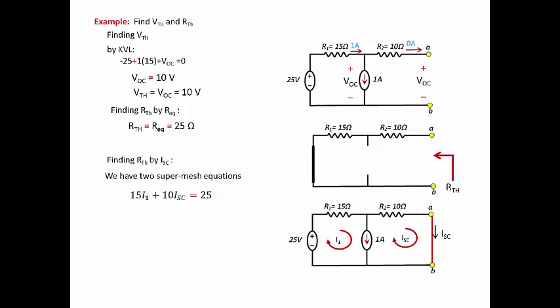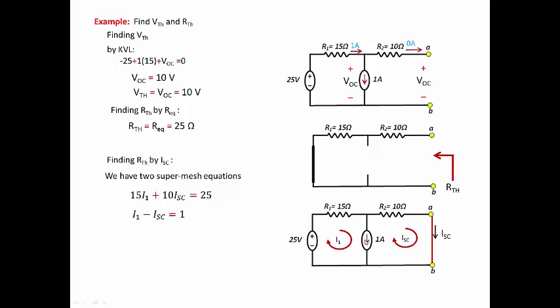The second equation of the supermesh states that the algebraic sum of those two currents will equal this current source. So I1 will go down and I short circuit will go up. We can say that I1 minus I short circuit equals 1. I1 is coming down, minus I short circuit, will equal this current source.